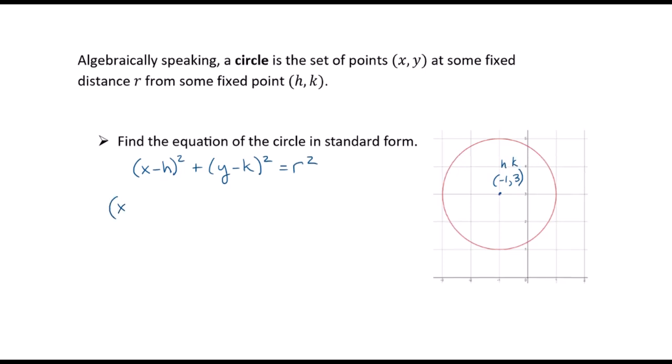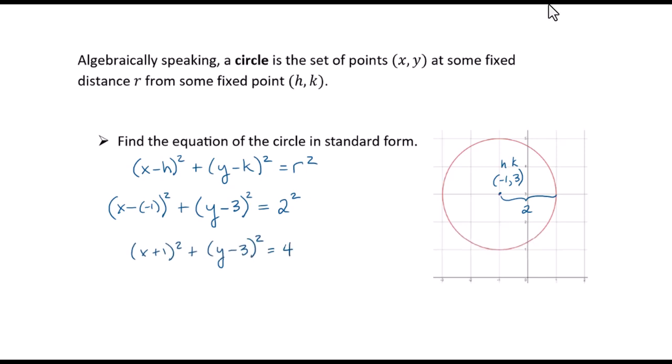So I have now (x minus -1) quantity squared plus (y minus 3) quantity squared equals, and then I find the radius. The radius is 2, so that is 2 squared. Clean this up just a little: (x plus 1) quantity squared plus (y minus 3) quantity squared equals 4.